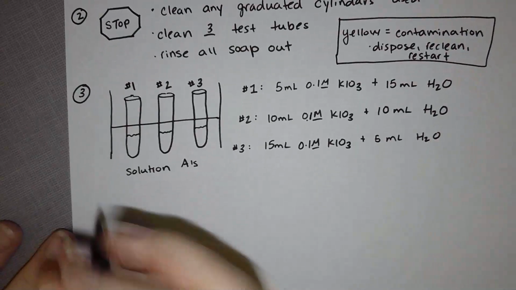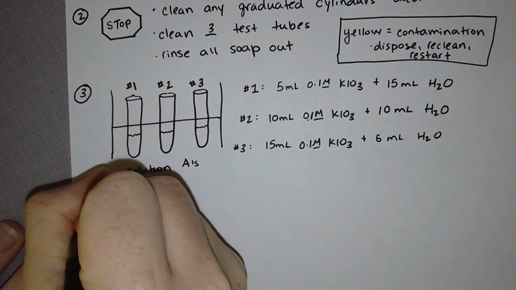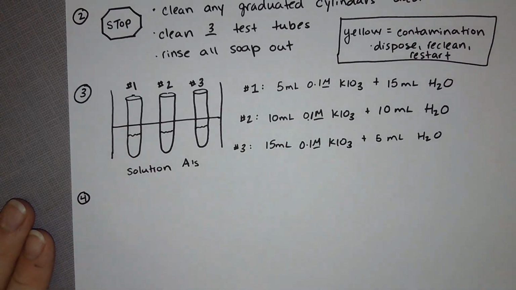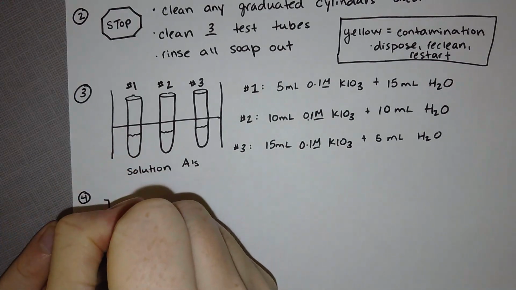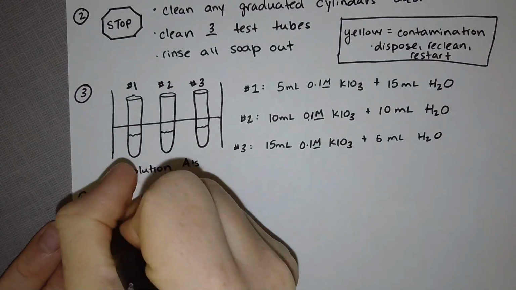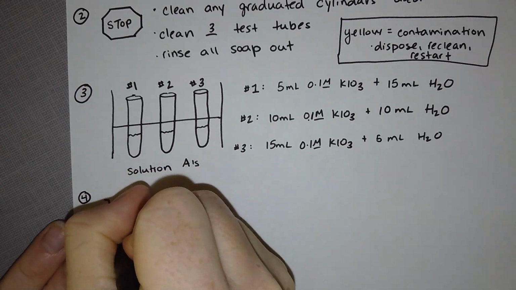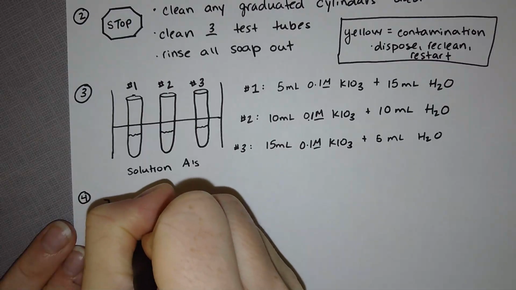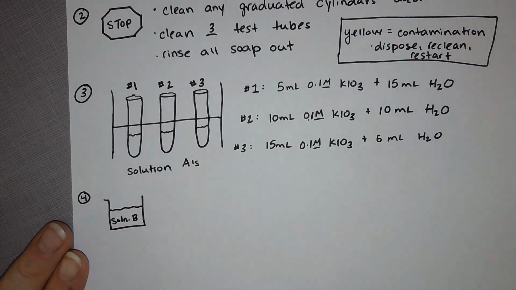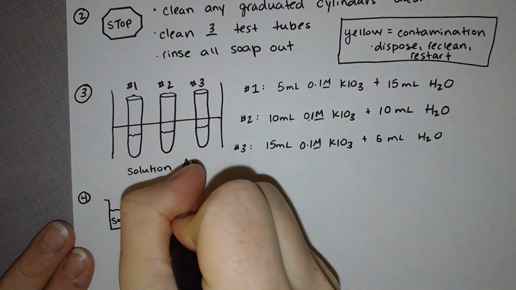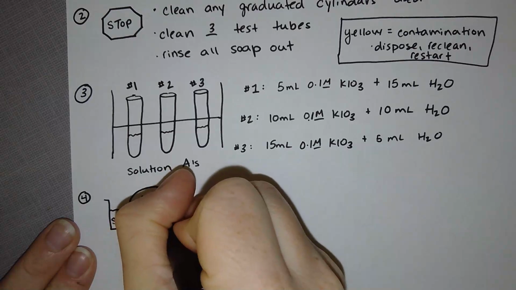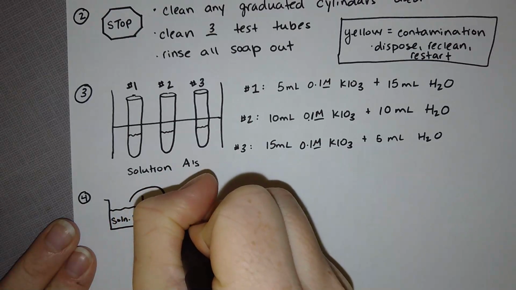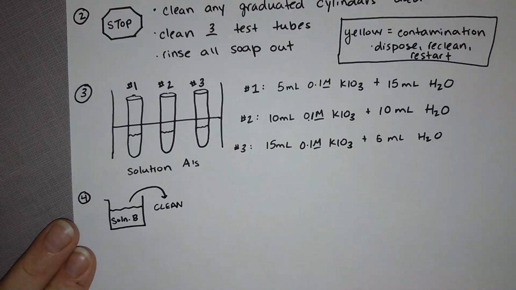So what you're going to do is measure out 8 milliliters of solution B. So you're going to pull it from the beaker. And again, make sure everything is clean. You're going to put this into a clean graduated cylinder.